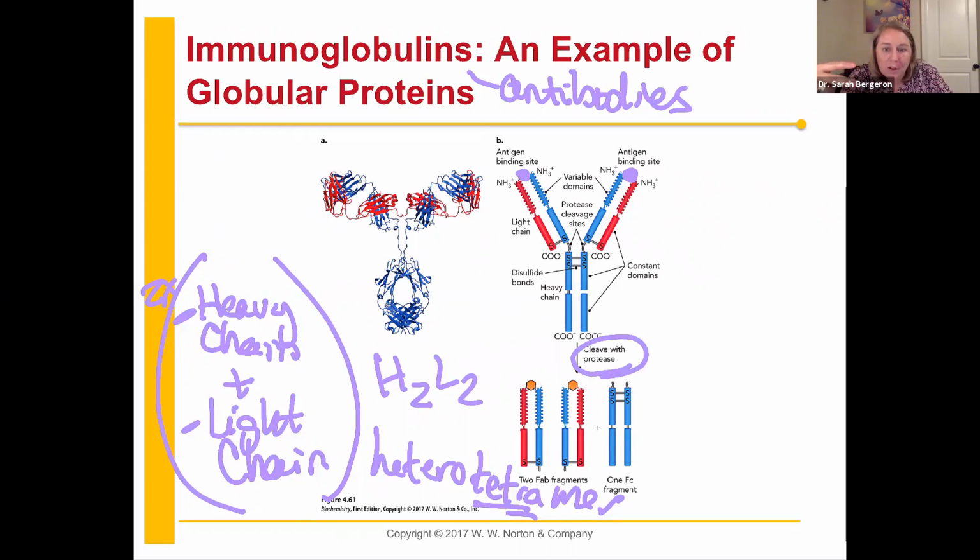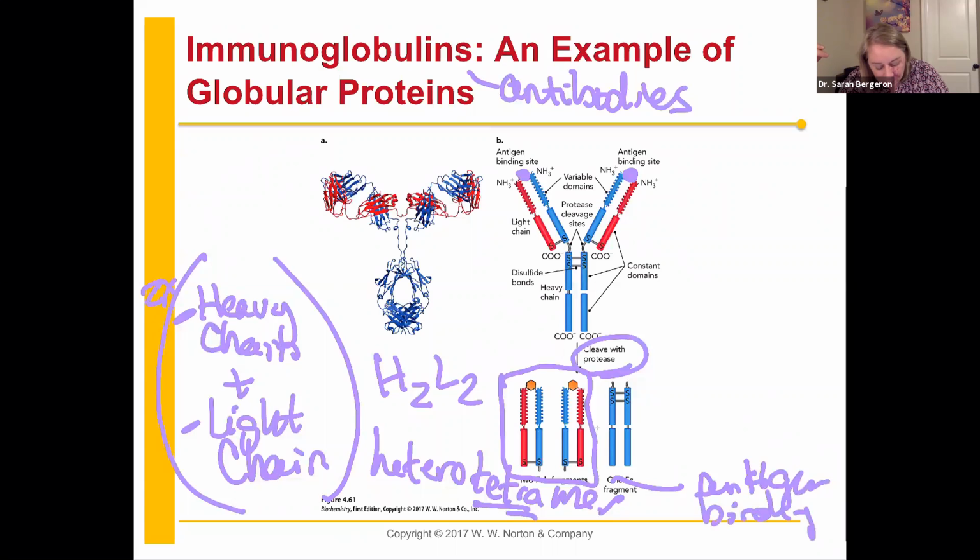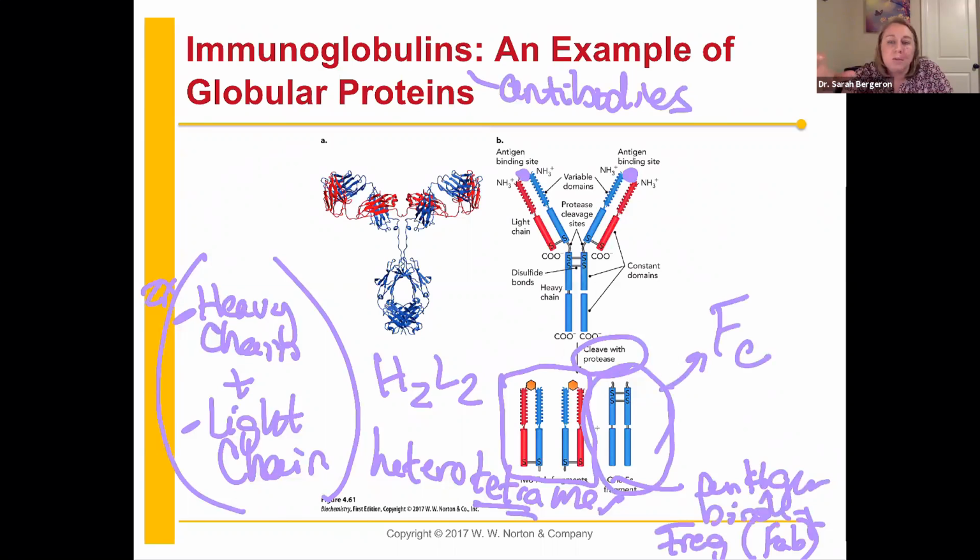You end up with what's called an antigen binding fragment, or the Fab fragment. And so this contains the variable region on one end. And then you have this region, and this is the crystallization fragment, or the Fc fragment. And this was very, very easy to crystallize. It's a very repetitive pattern, very easy to crystallize. And so that's how they named them and figured out their function.